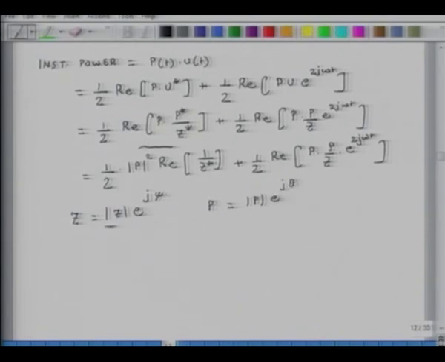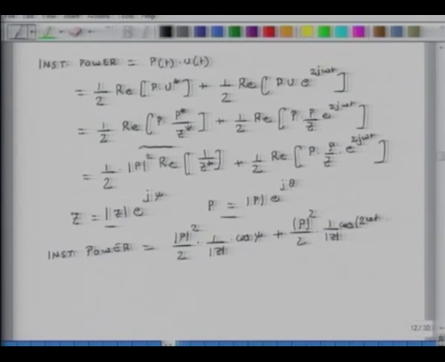So if I put these two relations in my above equation, I get instantaneous power equals magnitude of pressure squared over 2 times, the real part of 1 over Z star being 1 over magnitude of Z times cosine ψ, plus 1 over magnitude of Z times cosine of (2ωt plus 2θ minus ψ).